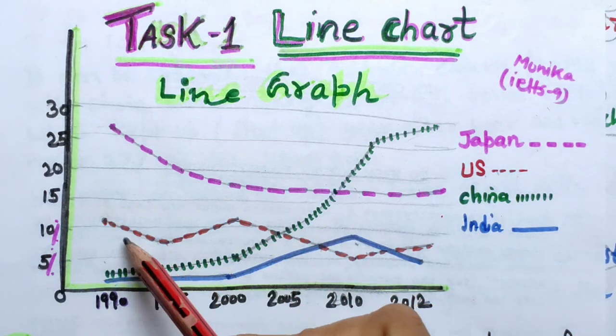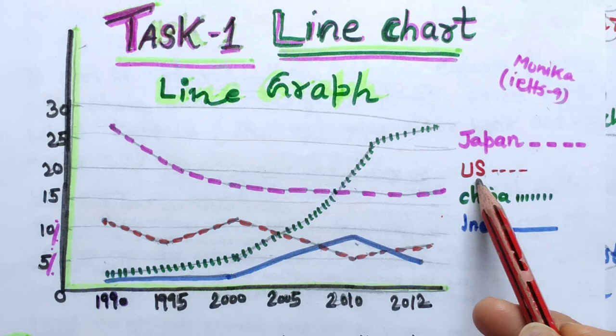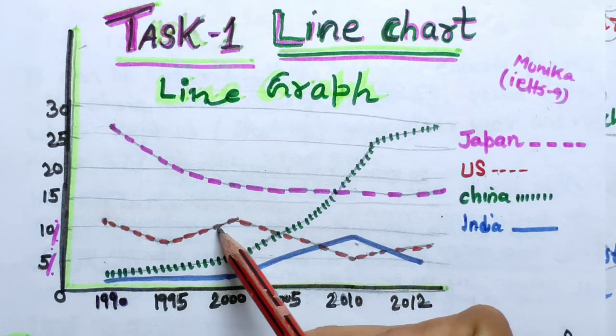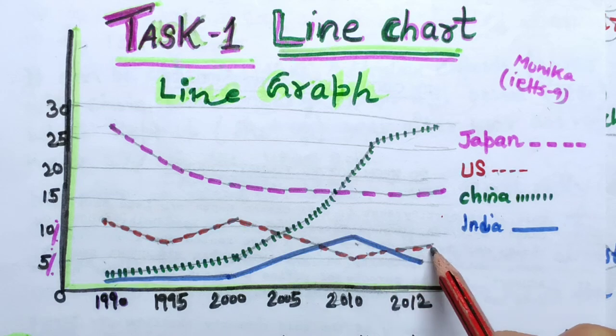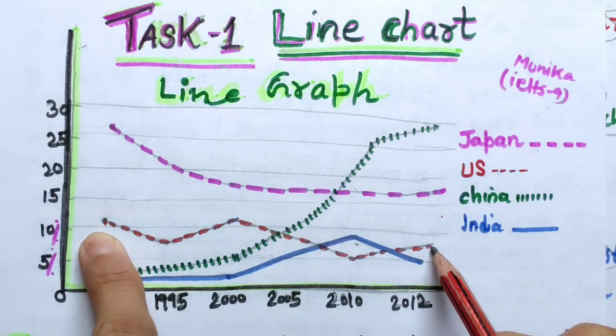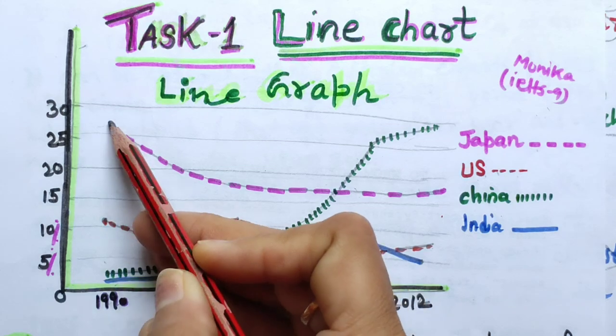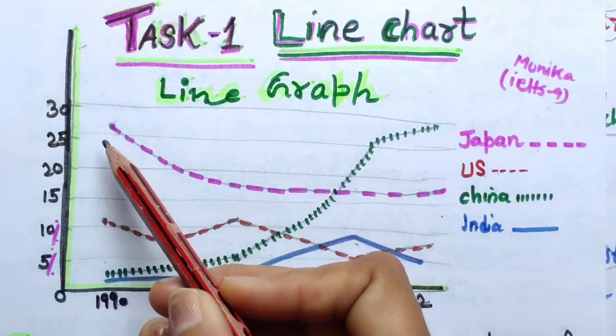And this red one is USA, it started just above 10%, and with fluctuations it lowered from the starting point. So this we have analyzed.